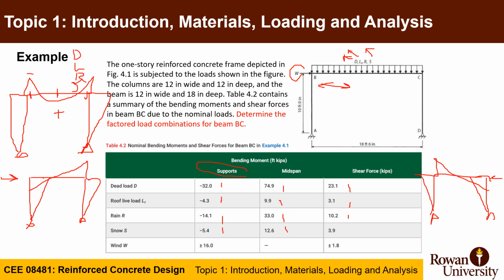So you'll always have almost zero value in midspan, and at this section it can be positive and it can be negative, so it's plus or minus. All you need to do is see which load combination will be applicable.